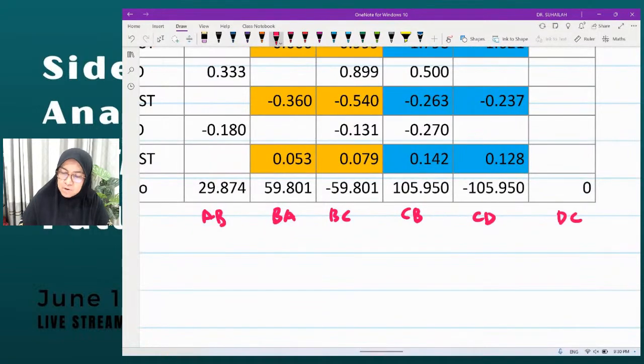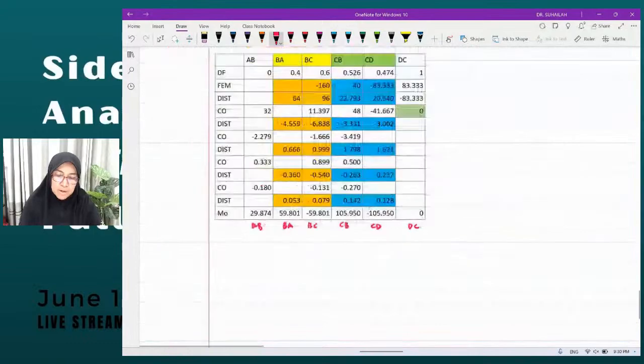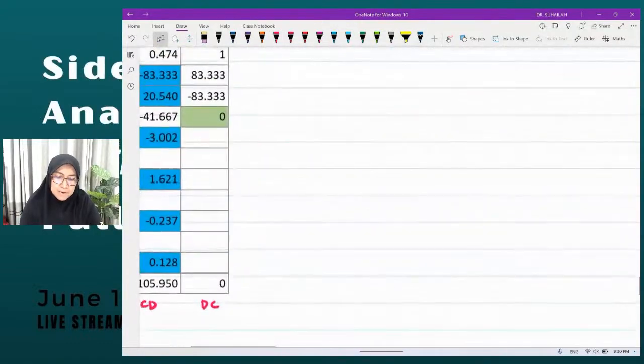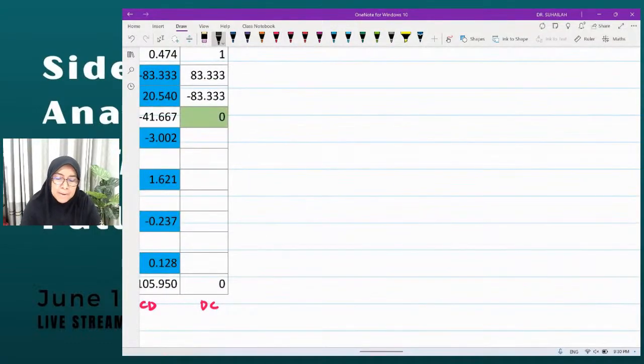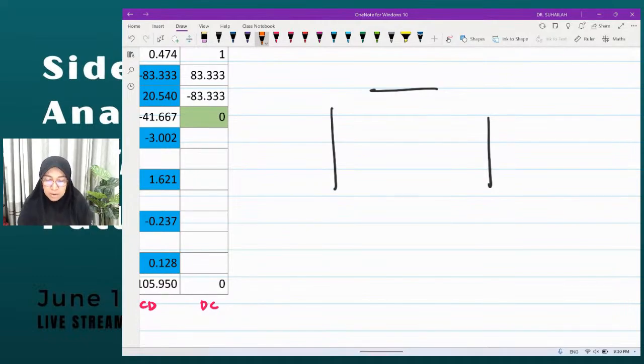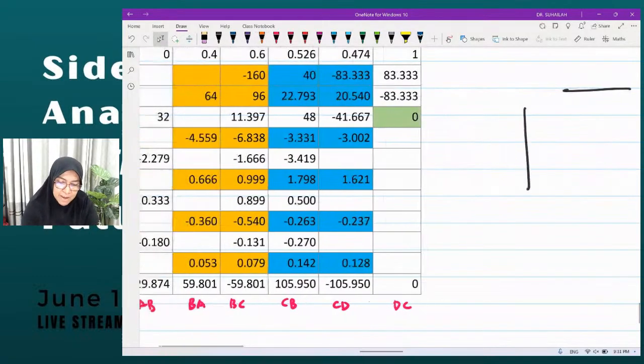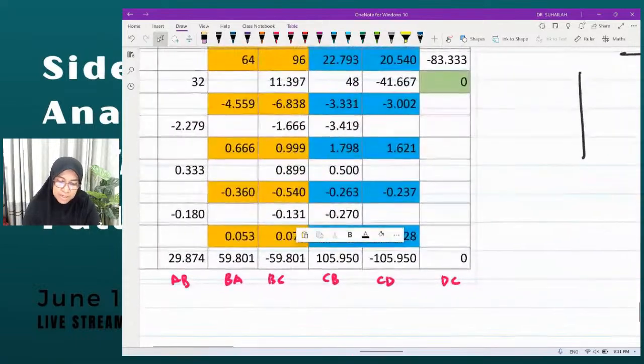DC is 0 because of the pin support. In the diagram, remember, the moment acts clockwise, so whatever value we get as negative, we have to follow the negative sign.